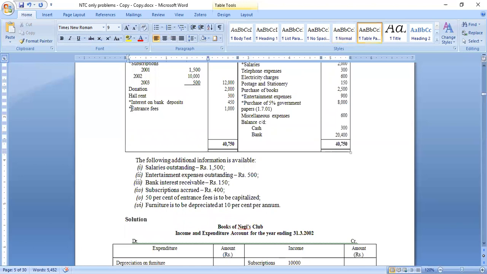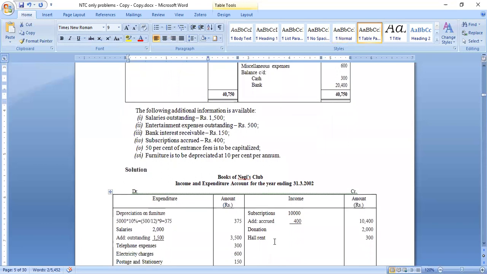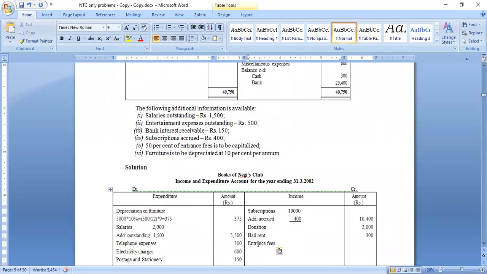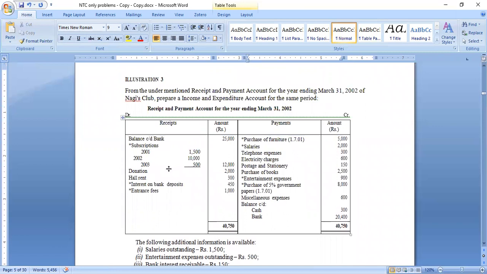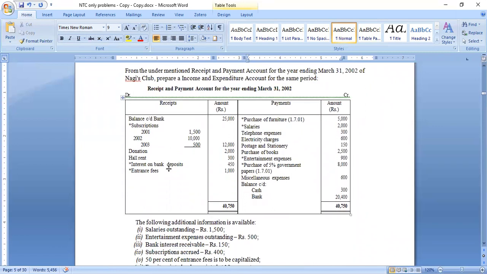And entrance fee, 1000 rupees, we have an adjustment. Generally, entrance fees are capital receipts for clubs, that too if they are of non-recurring nature.